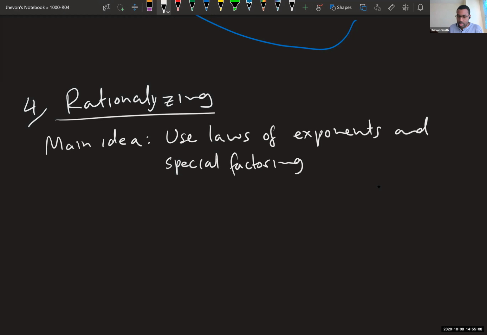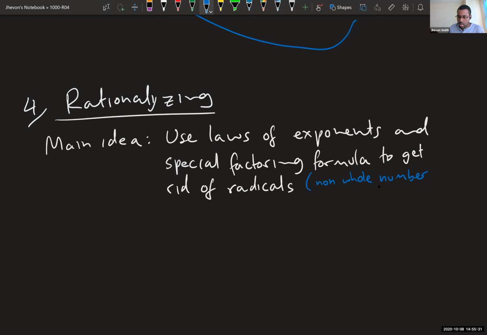I'm talking about those kinds of things. Factoring formulas to get rid of radical powers. And remember, radicals, how you can think of them is non-whole number powers. Or let's be more specific, fractional powers.